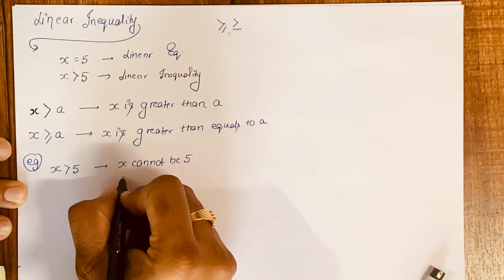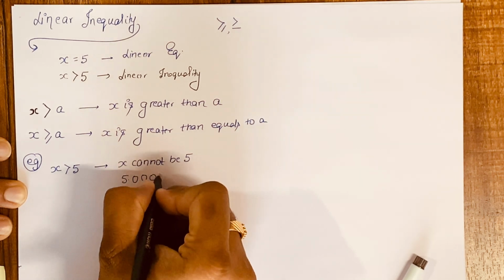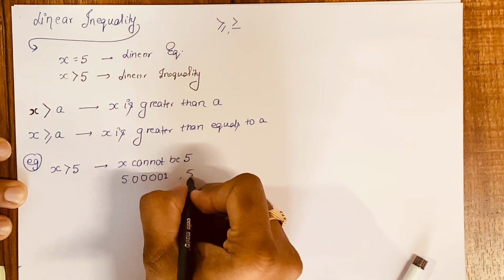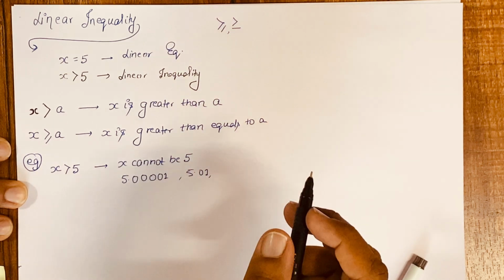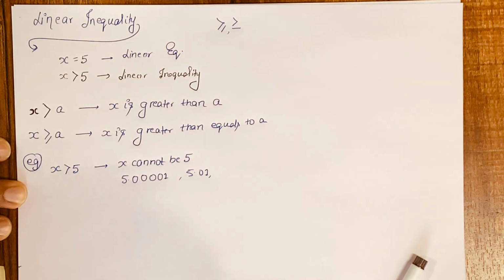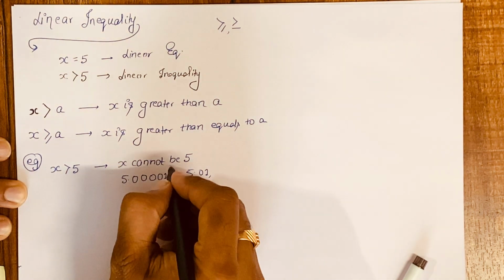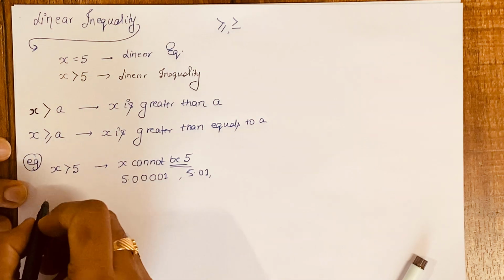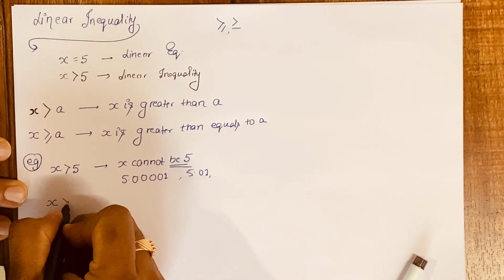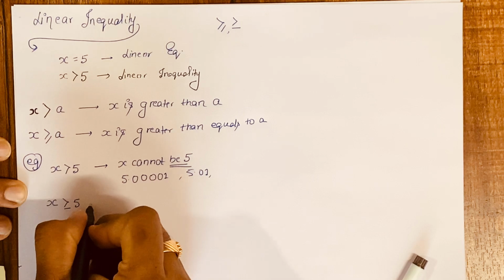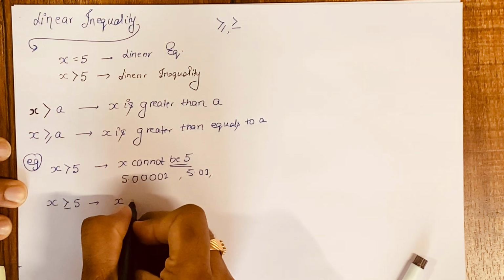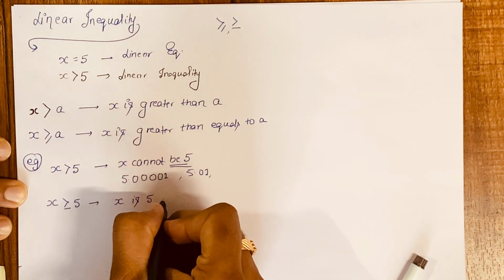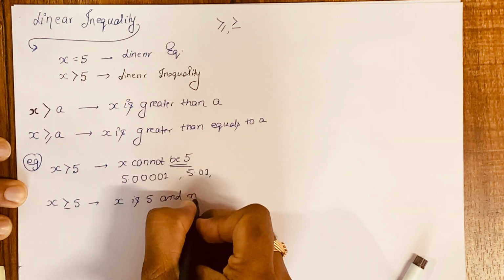It can be 5.00001, it can be 5.01, 5.2, 5.3, 7, and so on. All the real values are counted if I say x is greater than 5, but this 5 will not be included. But if I say x is greater than or equal to 5, which means that x is 5 and more than 5.